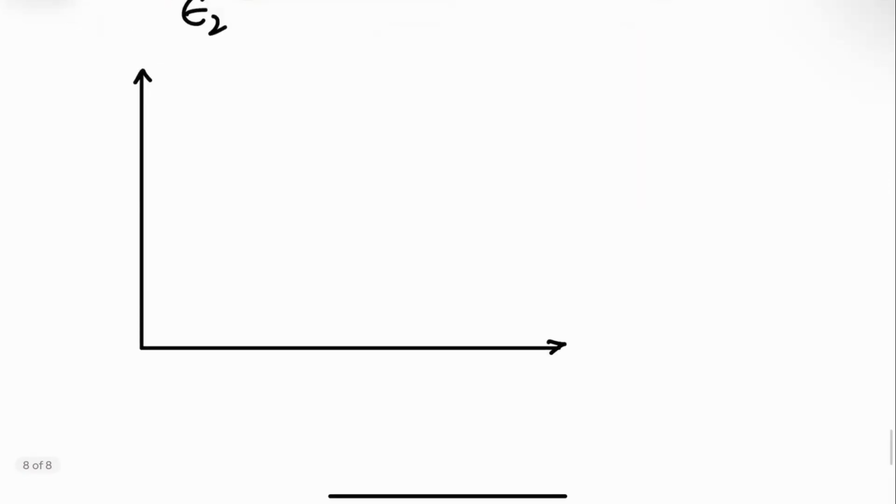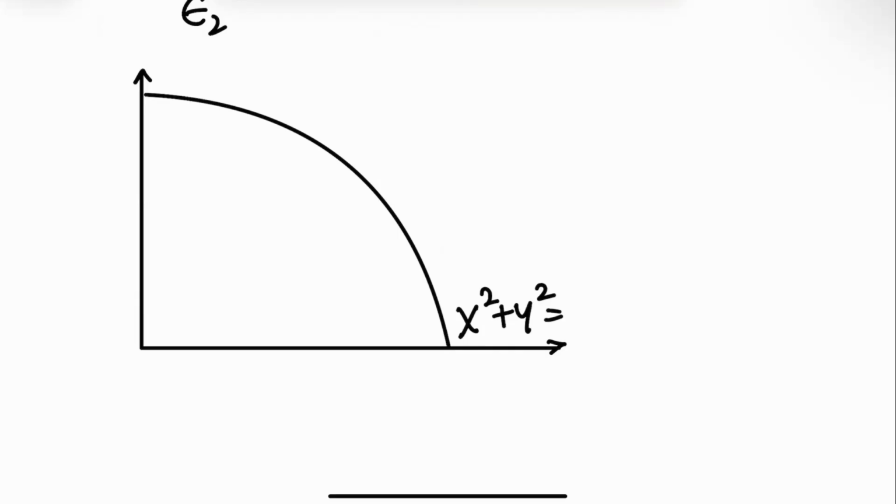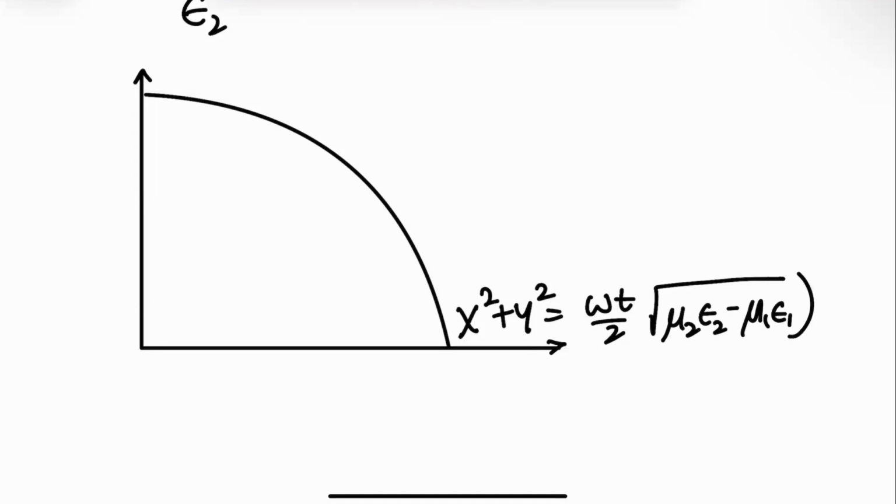So I have a circle, something like that. And this circle corresponds to my x square plus y square equal to omega t over 2 square root of mu2 epsilon 2 minus mu1 epsilon 1 equation. And then I also have, let's say this is pi over 2, pi, 3 pi over 2, 2 pi, and 5 pi over 2.